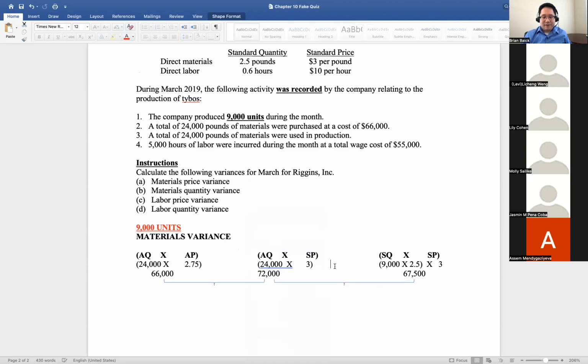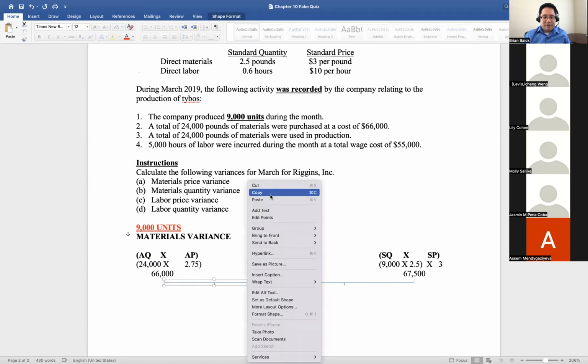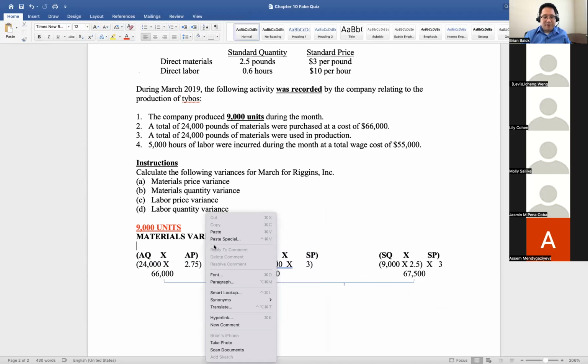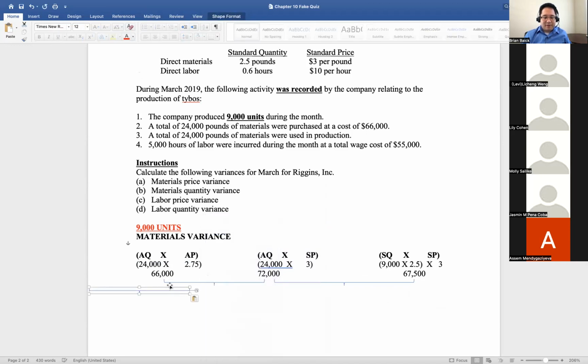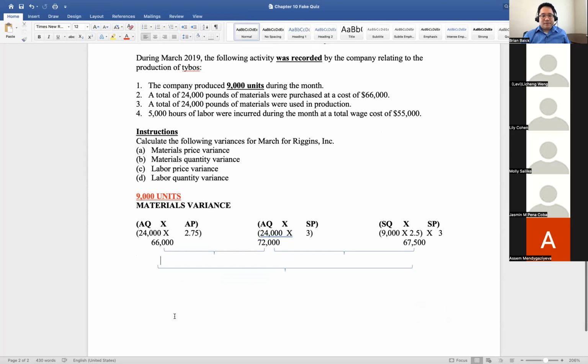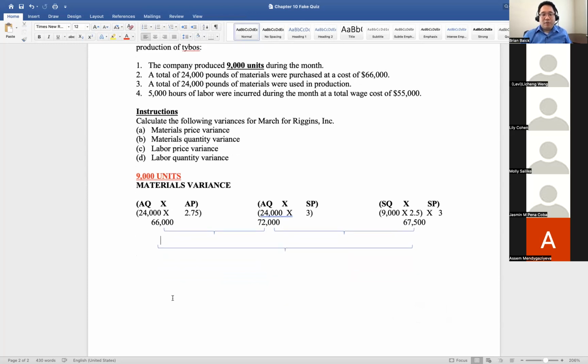And we'll do this one more time and figure out the variance between the first number and the third number. Always go from left to right, like when you read something. When you do the math, always do it left to right.